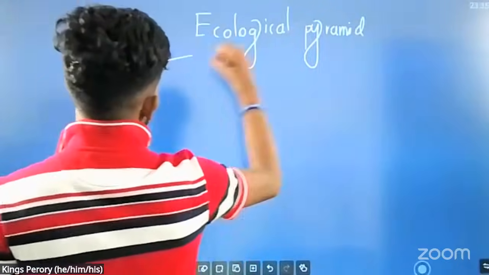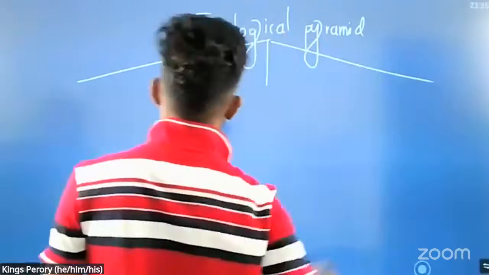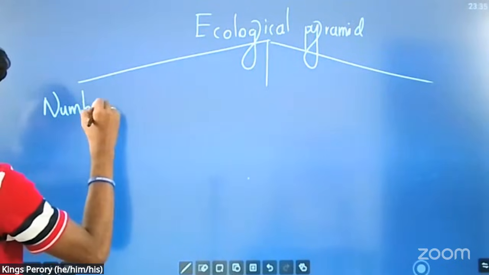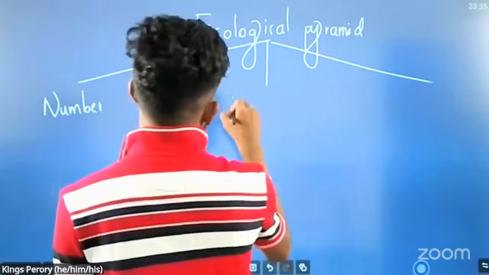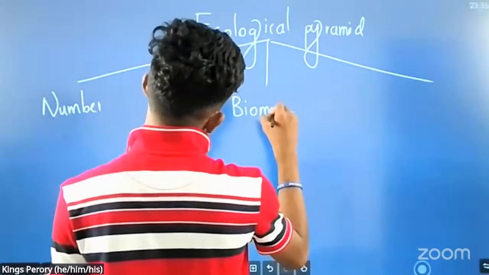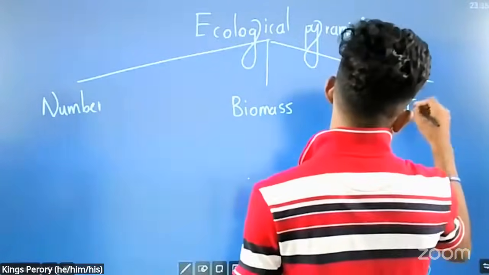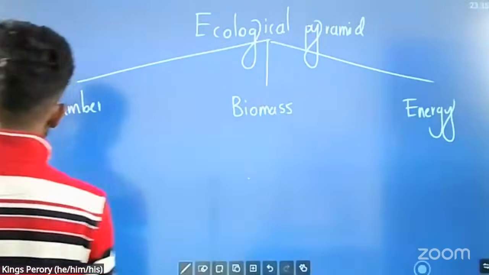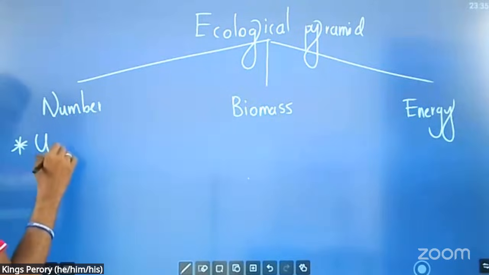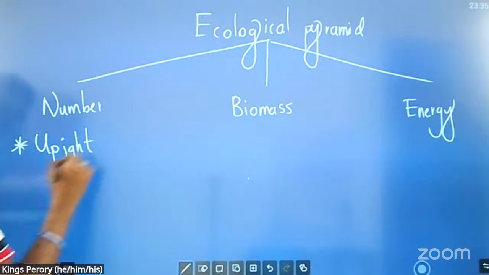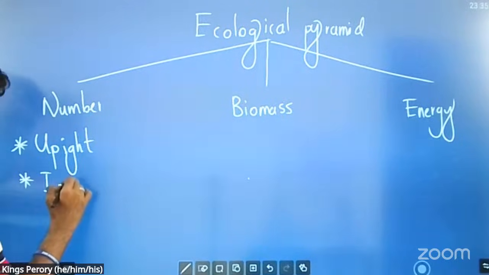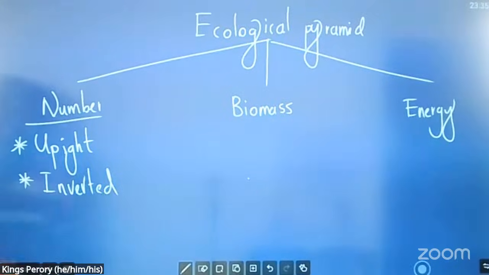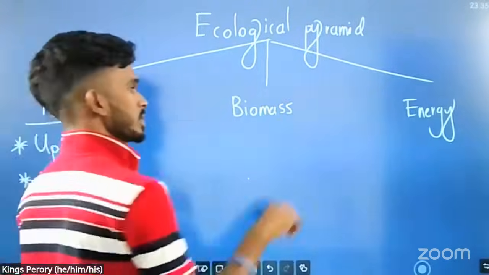Three types of ecological pyramids are there: number pyramid, biomass pyramid, energy pyramid. For the number pyramid, there can be upright and inverted, both are possible.